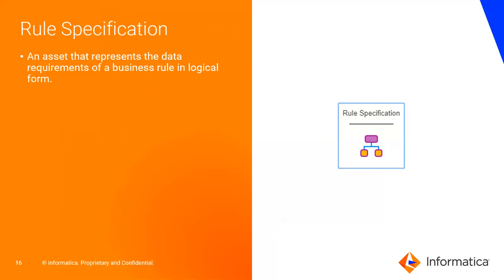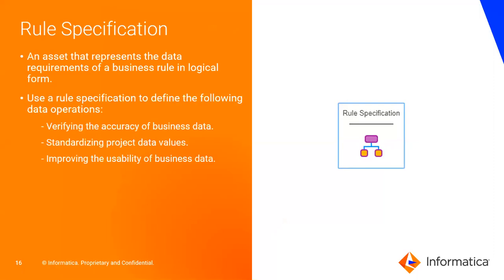A rule specification is a data quality asset primarily used by the business users as well as the technical folks if you want to implement a business rule. A rule specification can be used to standardize the project data values, like we just saw. In case you want to standardize the valid values of USA instead of America or United States, you could use a rule specification.